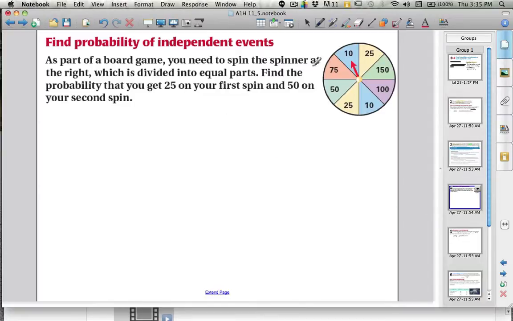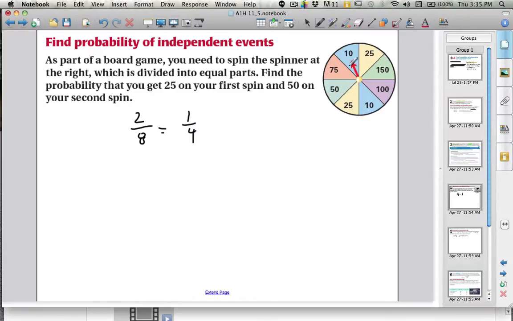As part of a board game, I need to spin this spinner right here, and it's divided into equal parts. Find the probability I get a 25 on my first spin and a 50 on my second spin. Now, will the spinner change based on my first spin? No, it will not. Everything's still going to be there. So the probability of getting the 25, you can see it's in 8 sections, is 2 out of 8, or 1/4.